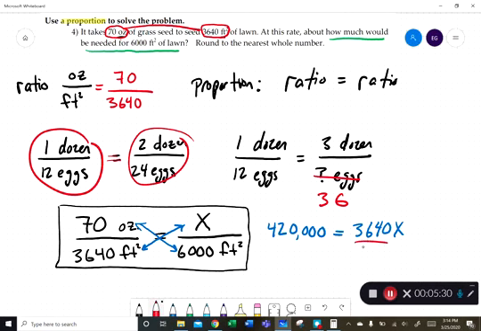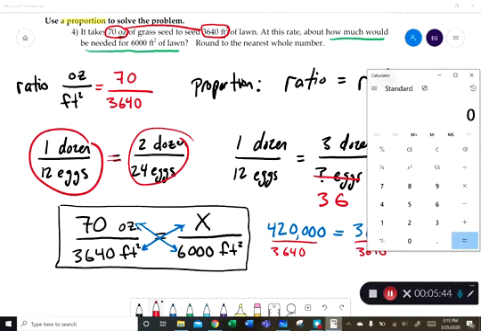So if we divide the right-hand side by 3,640, those will cancel. And if we divide the other side by 3,640, well, let me bring up the calculator for this. 420,000 divided by 3,640. And now the directions say round to the nearest whole number, so that would be 115.